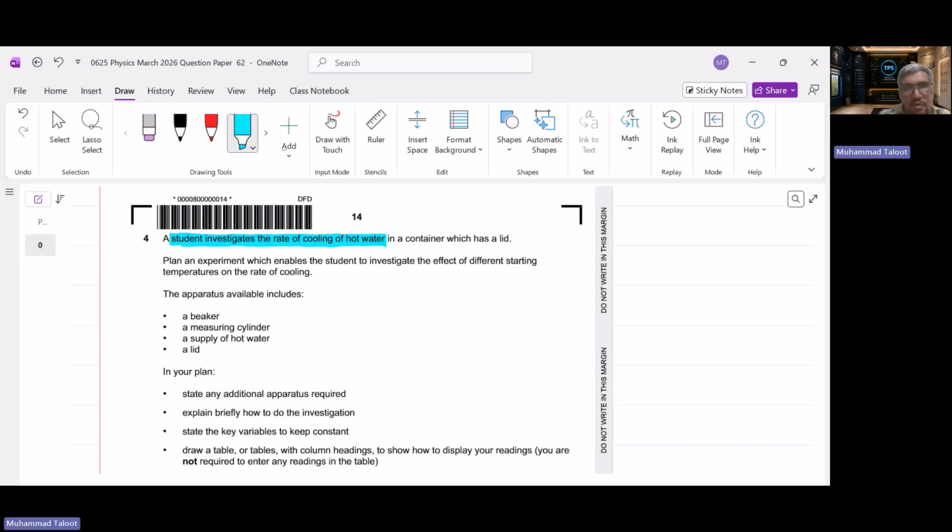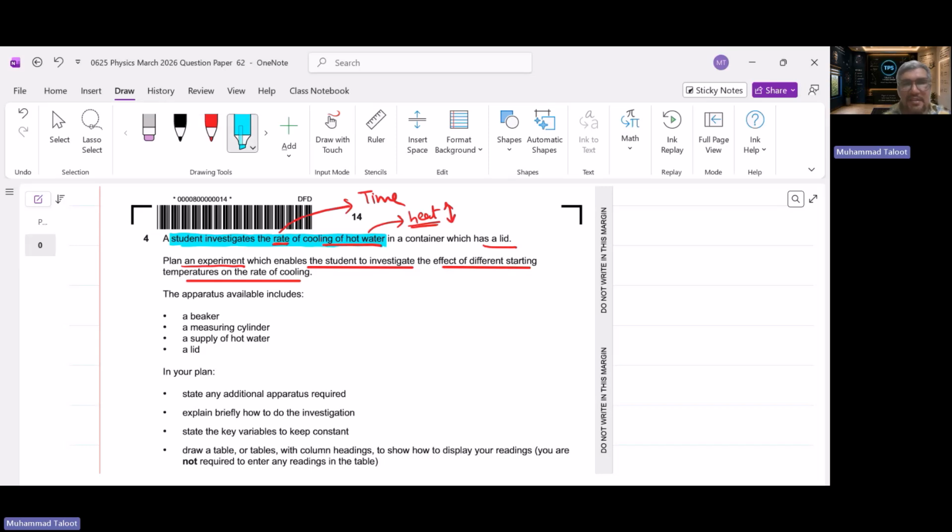Rate means time is also included, and cooling of hot water means they are measuring the variation in heat, in a container which has a lid, so that heat is not lost to the surroundings too quickly. Plan an experiment which enables the student to investigate the effect of different starting temperatures on the rate of cooling.